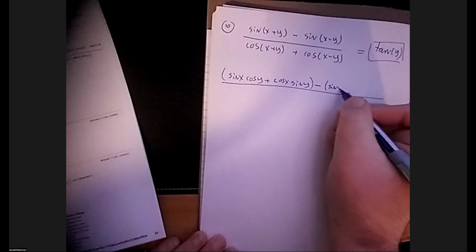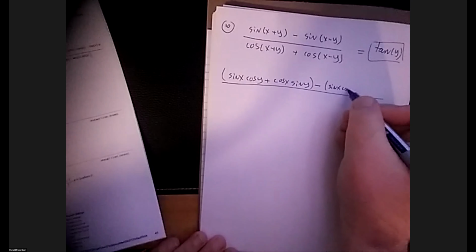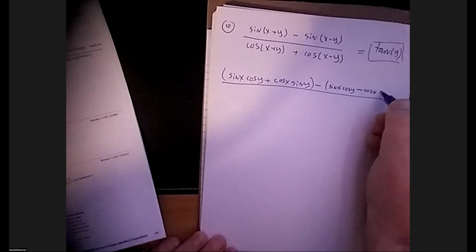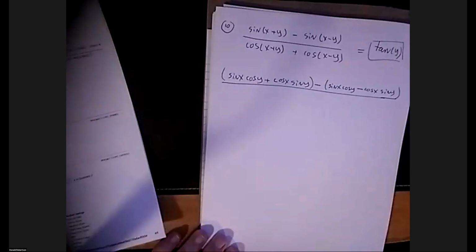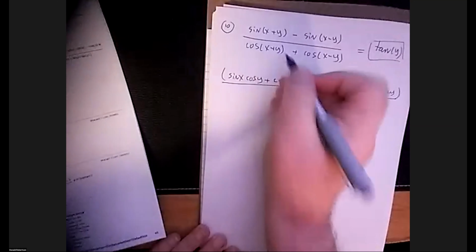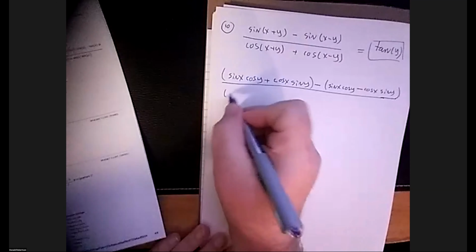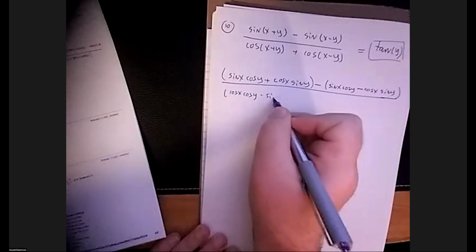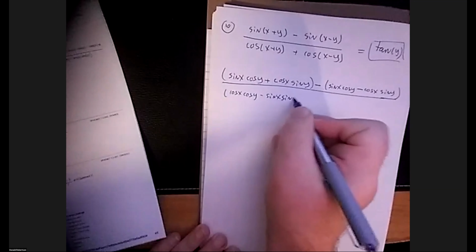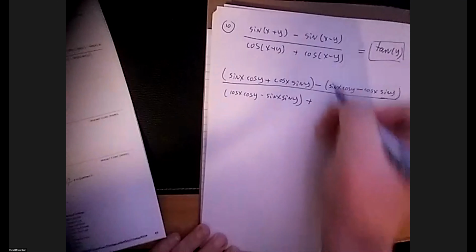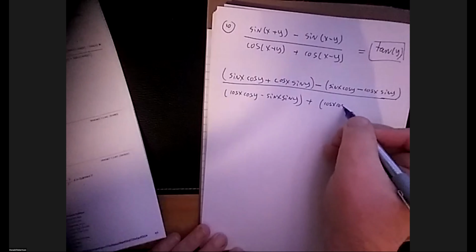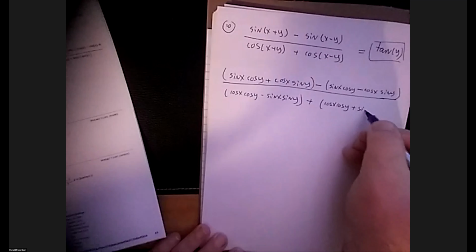So you're going to have a sine of x, a cosine of y again, subtract the cosine of x sine of y. Now that's one pretty ugly looking expression. Now the cosine of x add y is cosine x cosine y, take away sine x sine y. And for the other one, it's cosine x cosine y plus sine x sine y.